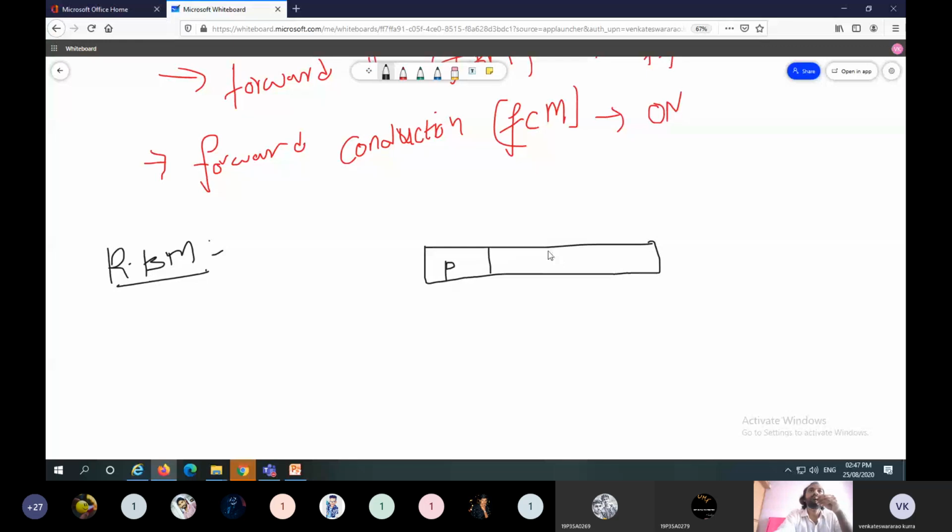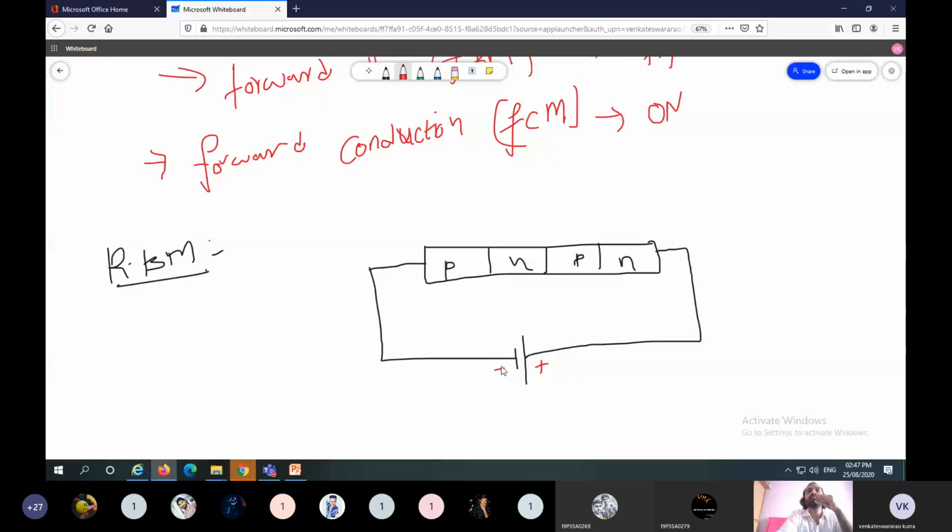This one is P, this one is N, this one is P, and this one is N. To make it reverse bias, P is connected to the negative terminal and N is connected to the positive terminal. So here the polarities of voltage are like this, minus plus.